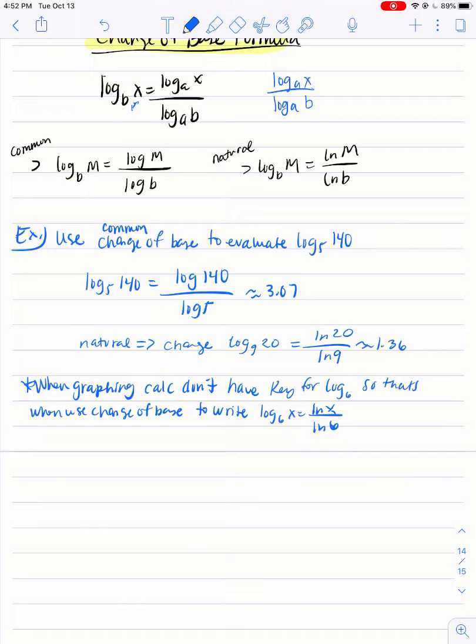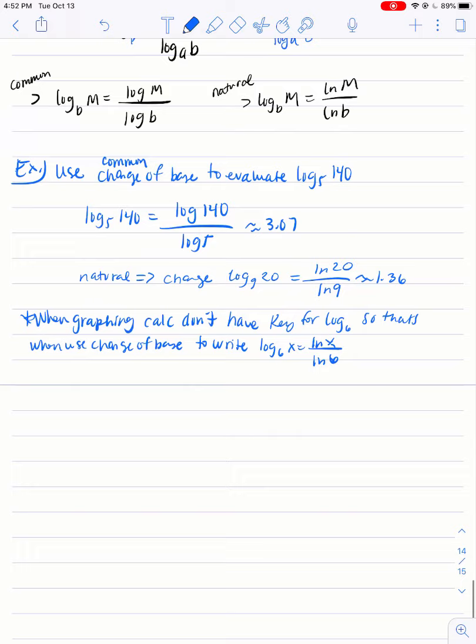So for common logs, we have log base b of m. If we wanted to change that to base 10, we just have log m over log b. If we wanted to change to the natural log, changing to the base e, we just have natural log m over natural log b. Alright, so for this example, we're going to use the common change of base to evaluate log base 5 of 140.